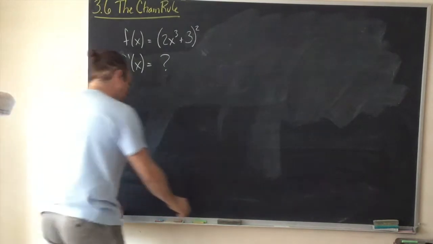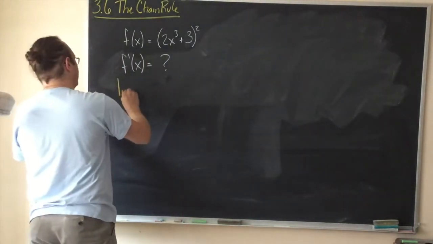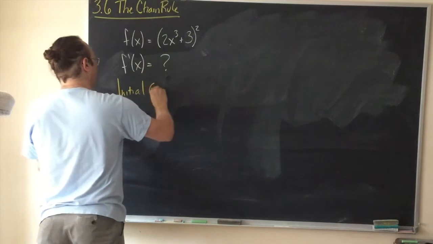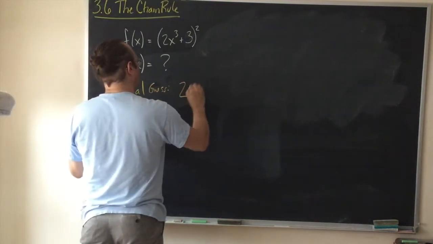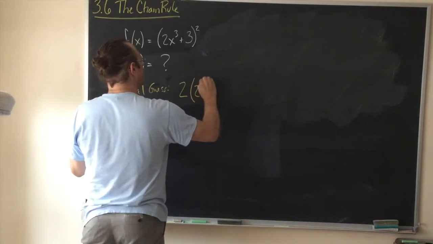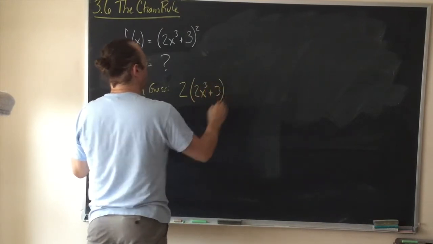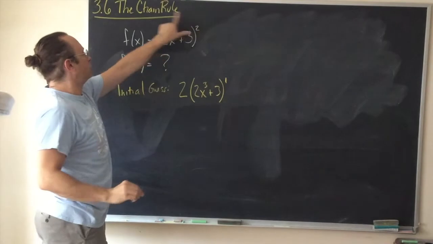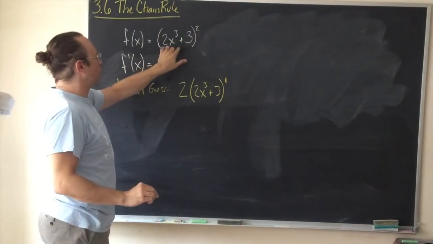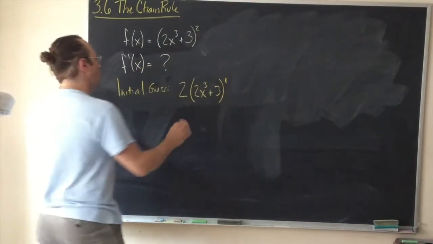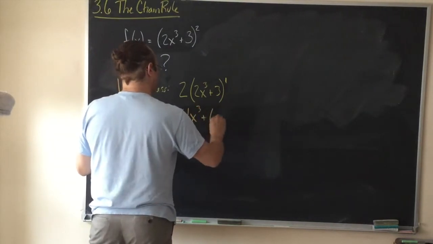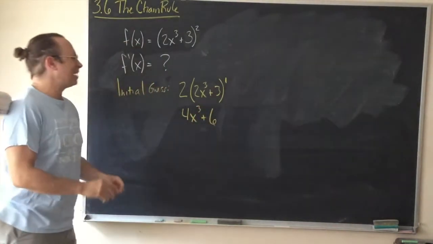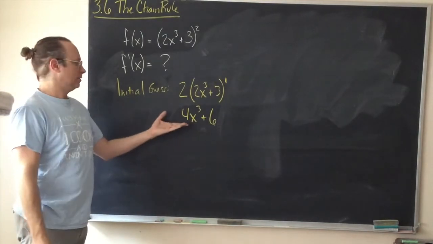Your initial guess might be that this is going to be 2 times (2x cubed plus 3) to the 1 power. The 2 hops down out front, (2x cubed plus 3) to the 1 power, or we could also call this 4x cubed plus 6. This is our initial guess.